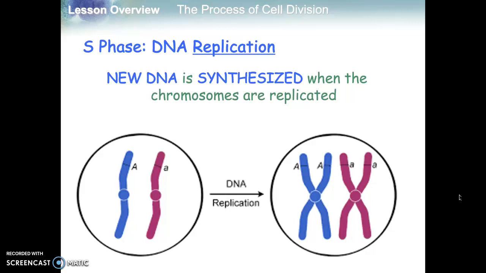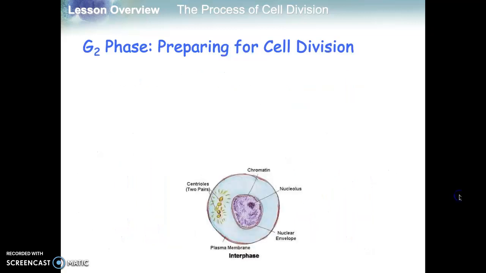You can see here the paired chromosomes, and I told you that chromosomes like to occur in pairs. They duplicate themselves. Each new strand is attached together at a center point called a centromere. We'll talk about that more. So each new chromosome is double-stranded. So we go from single-stranded chromosomes to double-stranded chromosomes. Again, they are in pairs.